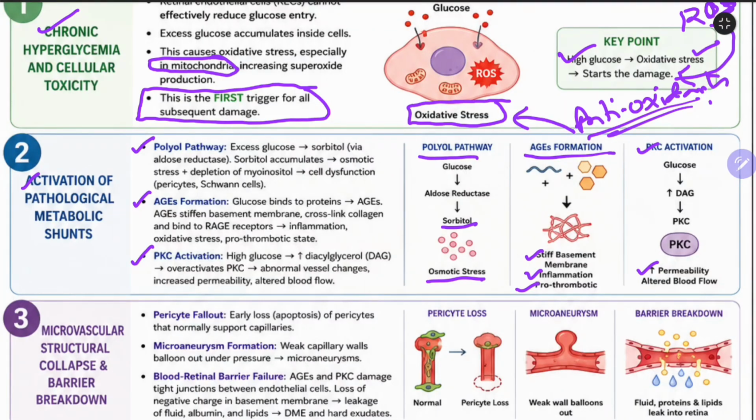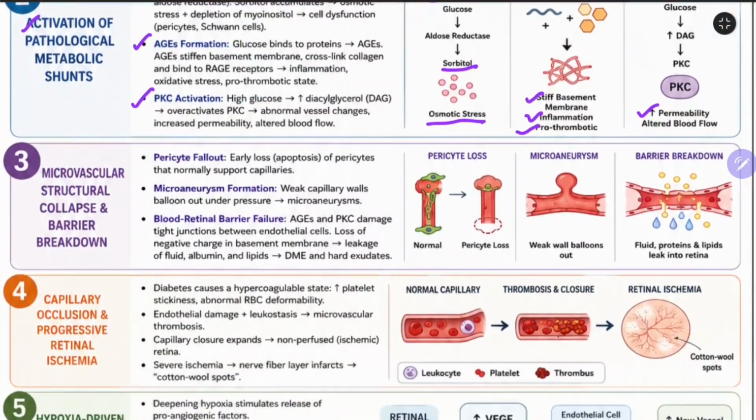So these are the pathological pathways which are activated. So what will be the pathological result of these insults in the retina? The microvascular structural collapse and barrier breakdown. So see, this is a normal vascular endothelial cell.